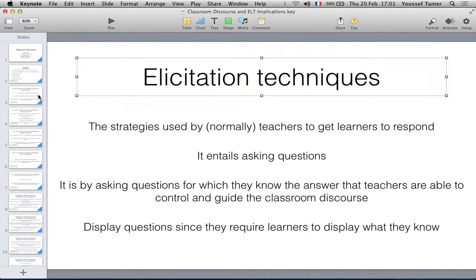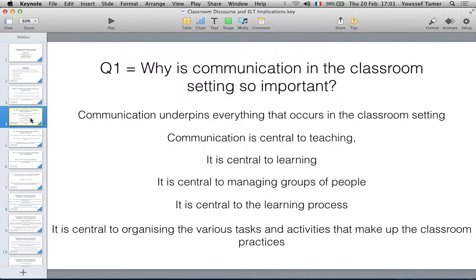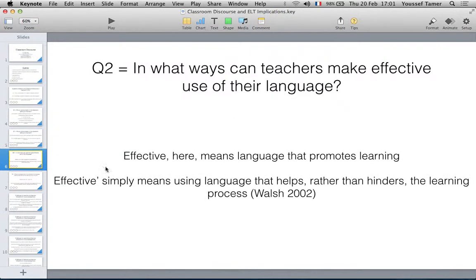Concerning the second question, the challenges: in what ways can teachers make effective use of their language?